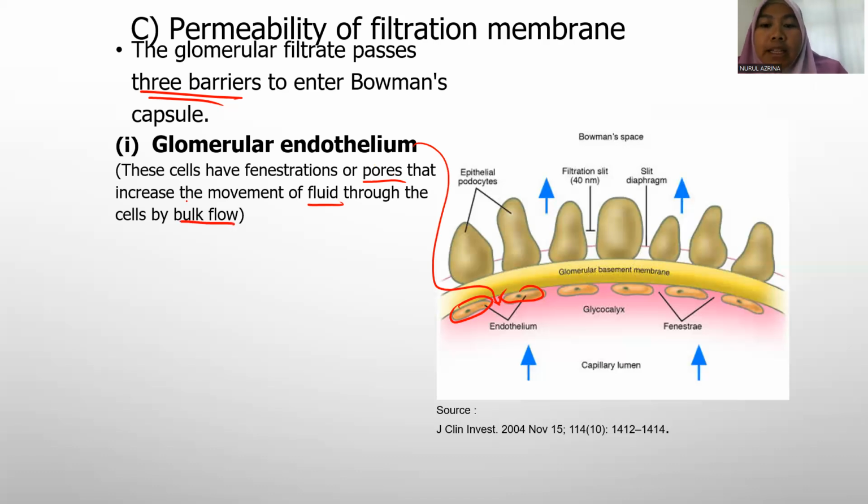You can see these are the fenestrae, or we call them pores. With these pores, fluids are allowed to pass through easily in bulk from here into the Bowman's capsule. This is the lumen of Bowman's capsule, and this is the lumen of the glomerular capillary.